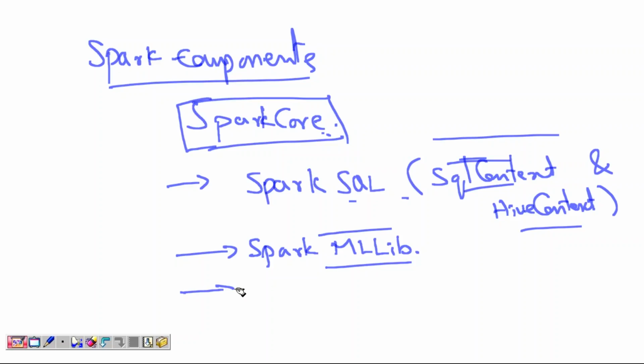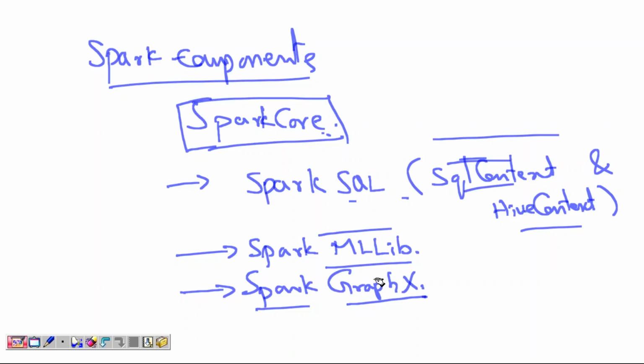And the third thing is Spark GraphX. The purpose of Spark GraphX is graph data processing. Examples are the logistics department, or Facebook users and friends connections.